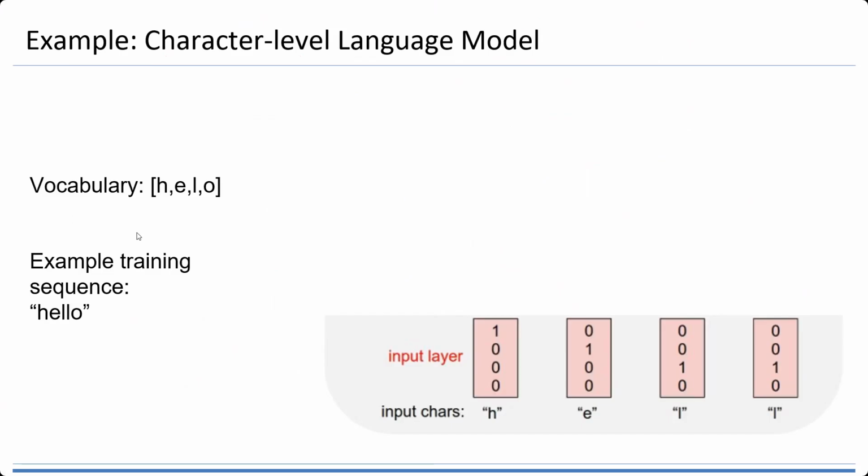Now let's see an example if we want to apply this RNN in a character level language model. So we have the word hello.